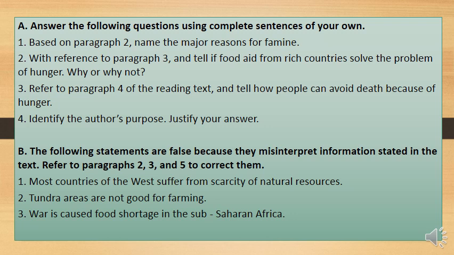So the author's purpose here is to inform, because he is informing us about the causes and effects of famine.